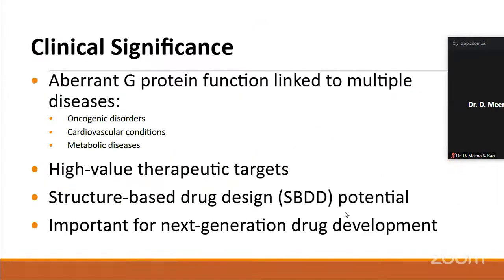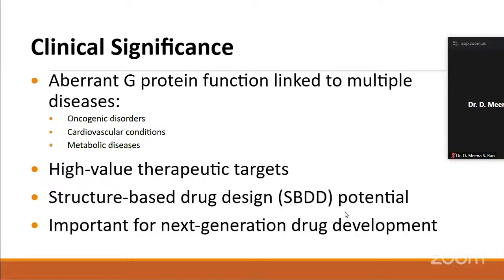So, what is the clinical significance of this? It has been found that aberrant or dysregulated G protein function is directly implicated in multiple diseases and disorders like cardiovascular diseases, metabolic diseases, or oncogenic disorders.